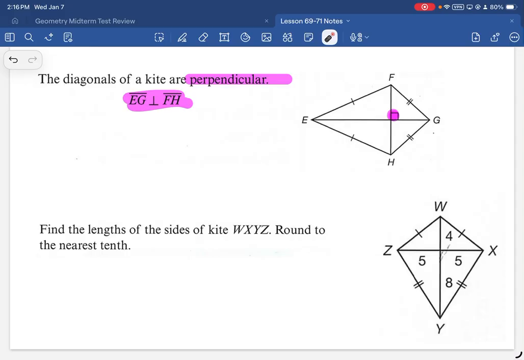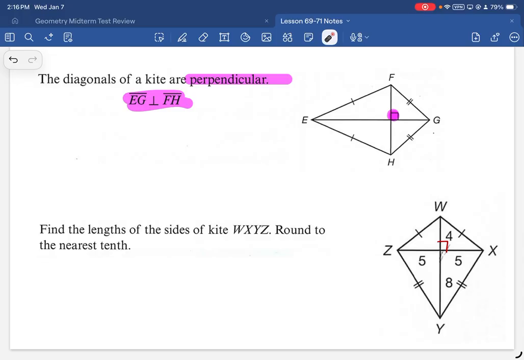Okay, what do we know about the diagonals of a kite again? What did we just learn? Thank you. They're perpendicular. These are 4 right triangles. You just take 1/2 base times height, all of them? Not 1/2 base times height. That's not going to give me the side lengths.